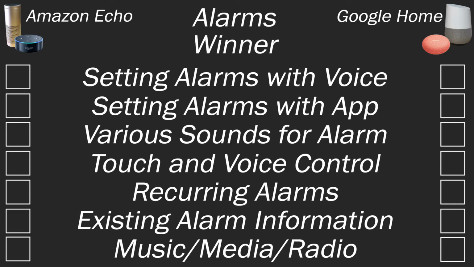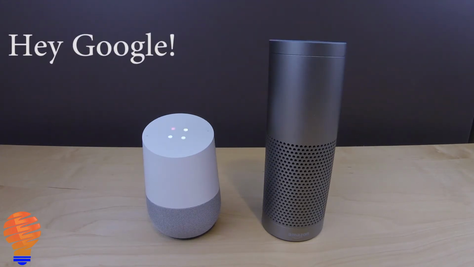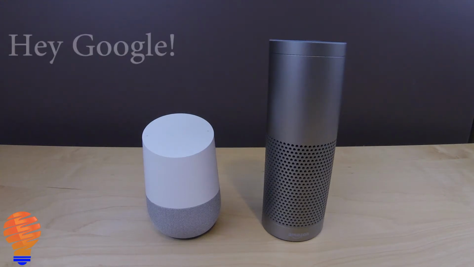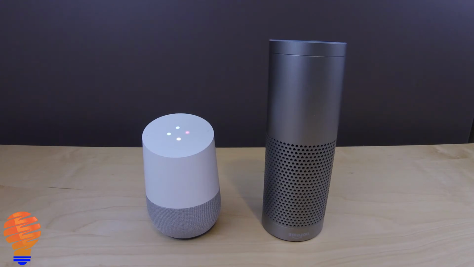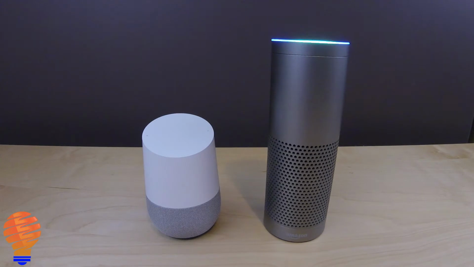We're going to start out with setting alarms by voice. Alexa, set an alarm for 9:35 p.m. Alarm set for 9:35 p.m. Hey Google, set an alarm for 9:36 p.m. Alright, your alarm's set for 9:36 p.m. Hey Google, set an alarm for 10 p.m. Done, your alarm's set for 10 p.m. Alexa, set an alarm for 10 p.m. Second alarm set for 10 p.m. Alexa, cancel all my alarms.